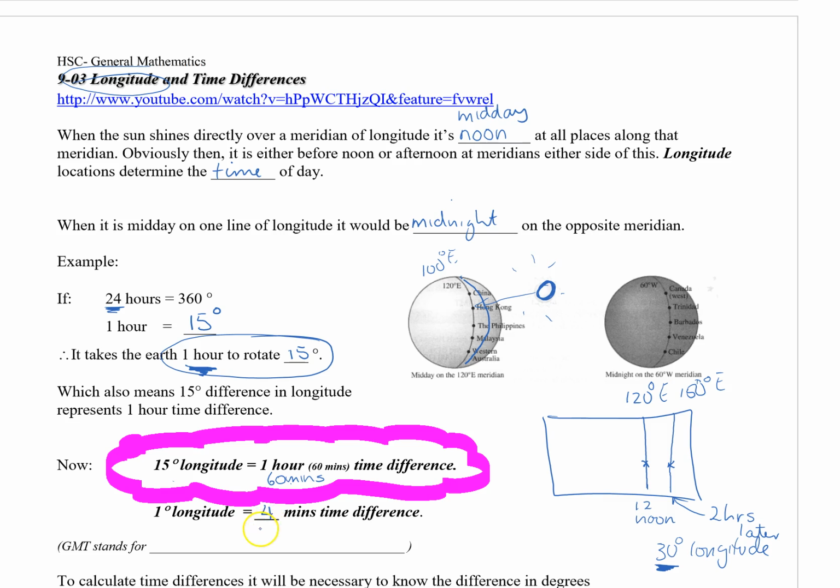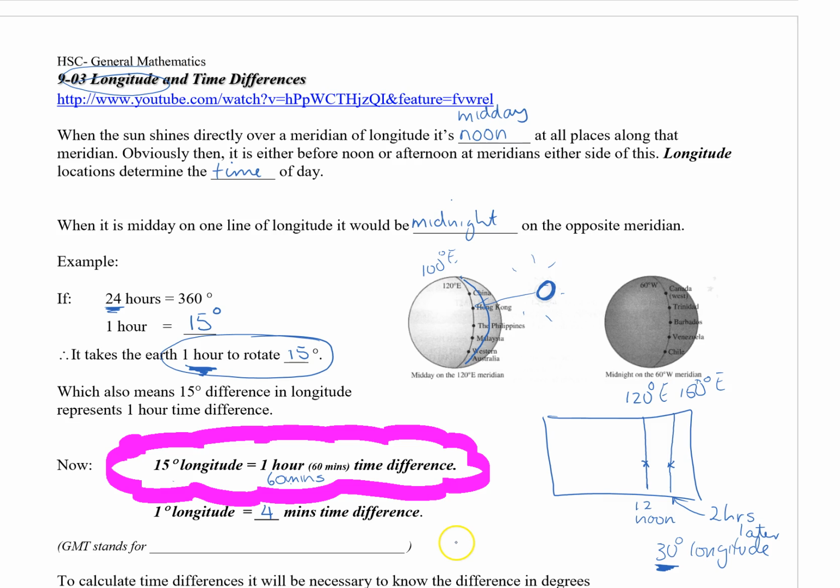Now, in reality, we don't obey this. I'll look up the longitude of Melbourne as opposed to Sydney, and I'll show you that we don't alter. We know that Sydney and Melbourne operate on exactly the same time, but let's have a look at what time difference there actually is according to the sun and our lines of longitude.